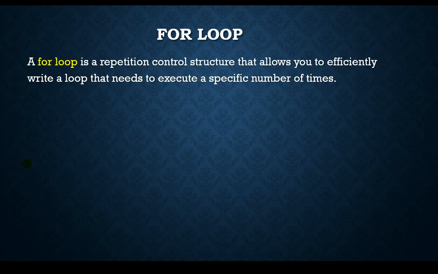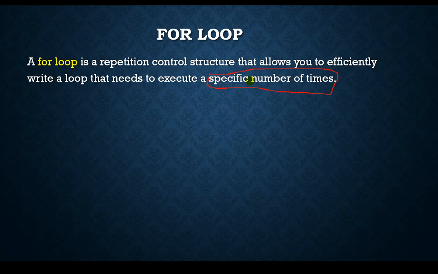So today we are concentrating on the for loop. A for loop is a repetition control structure that allows you to efficiently write a loop that needs to execute a specific number of times. This means that we use the for loop when we know where to end, a specific number of times.